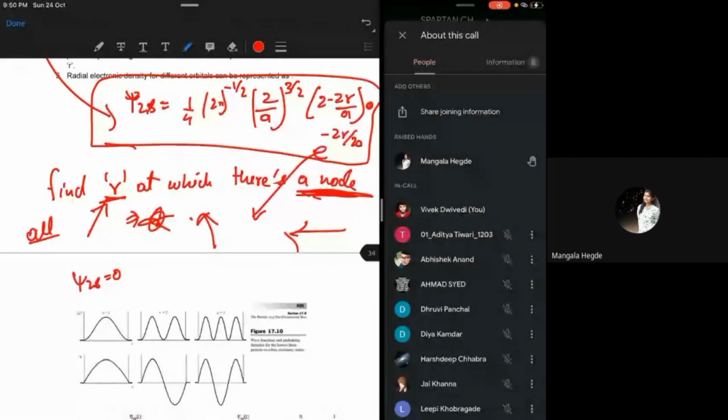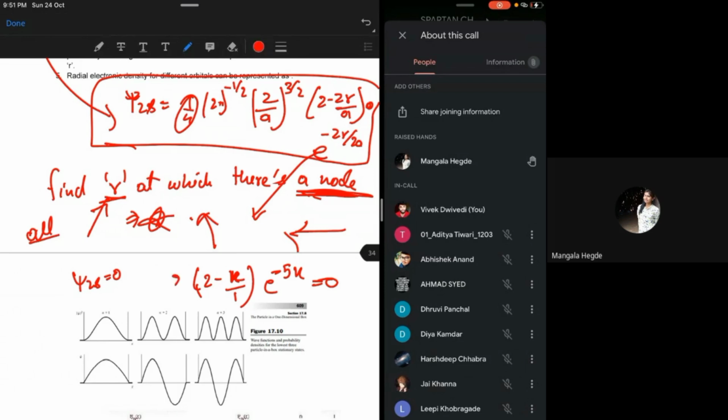Then do you think this can become 0? Let's say 2 into something, 2 minus x upon 1, into e power minus 5x equals 0. Can this 2 become 0? No, sir.